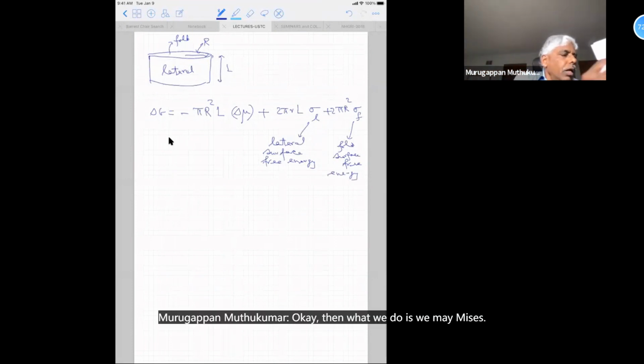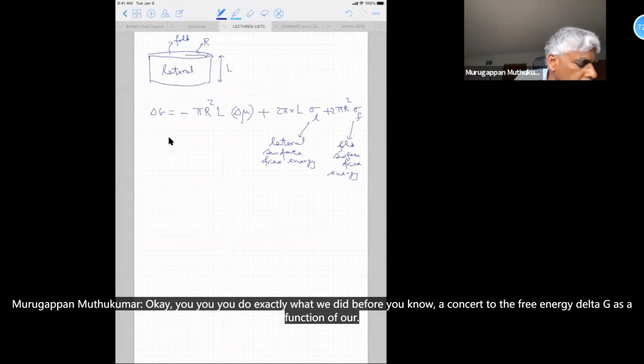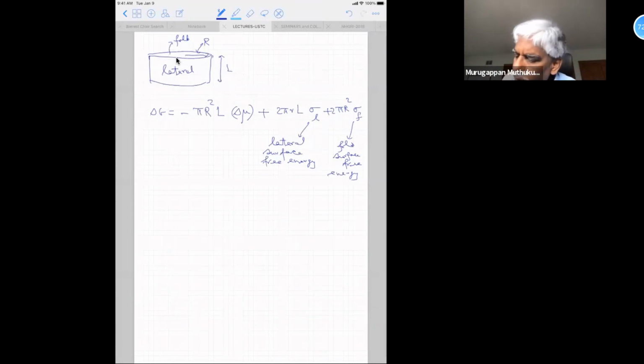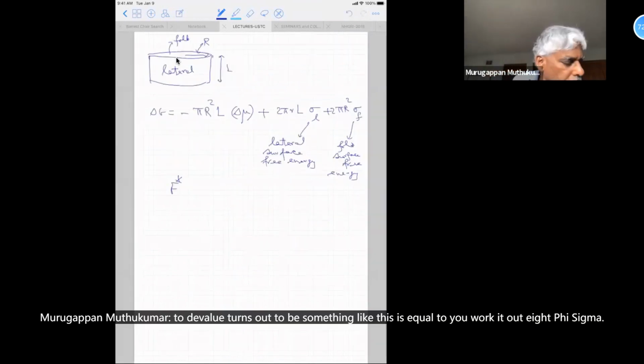Then what we do is we minimize this. You do exactly what we did before, construct the free energy delta G as a function of R. Now it's a two-dimensional minimization because I do not know L, I do not know R. So if you work it out, the free energy barrier turns out to be something like this.